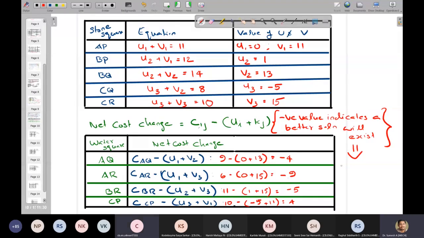So -9 is the case, so we have to select the cell AR. We need to solve for AR first.